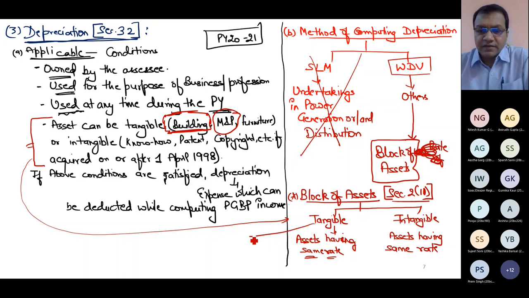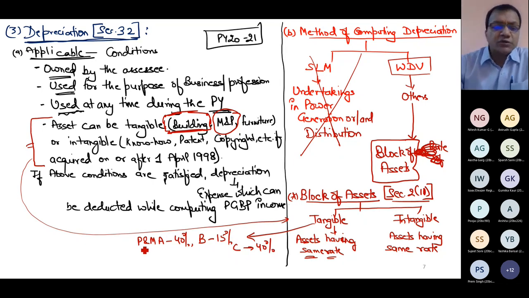Like in tangible, suppose I am having plant and machinery A, 40% depreciation rate, plant and machinery B, 15% depreciation rate, plant and machinery C, 40% depreciation rate.